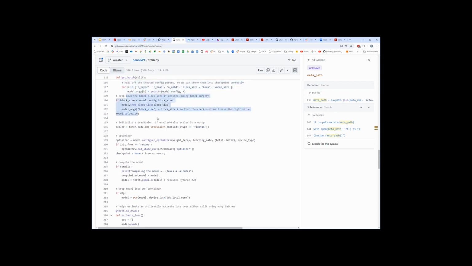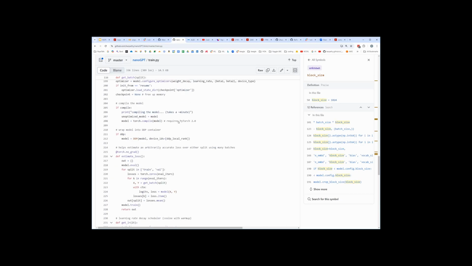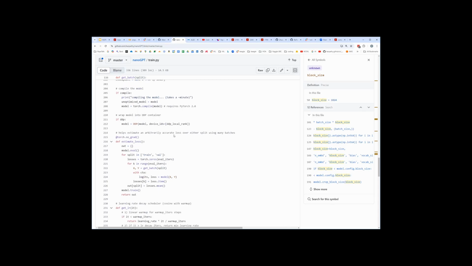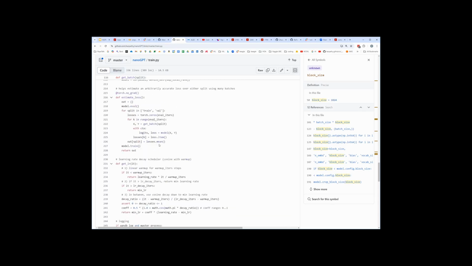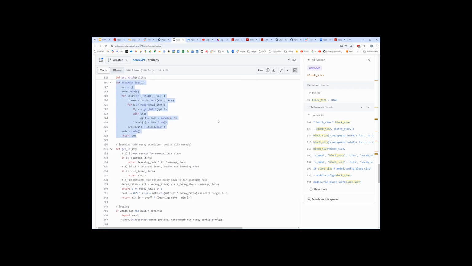Not sure what that does. He talked about block size needing to be a magic size. I don't know if that's what that's doing. It compiles the model. The estimate loss just runs against the validation, and also train, just to see what the loss is averaged over that range.